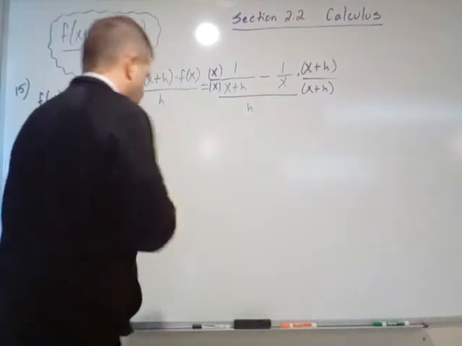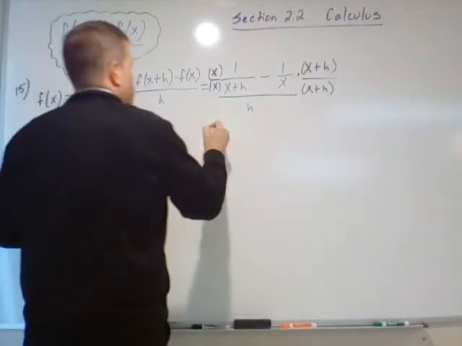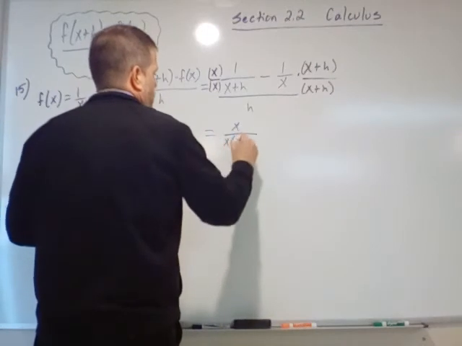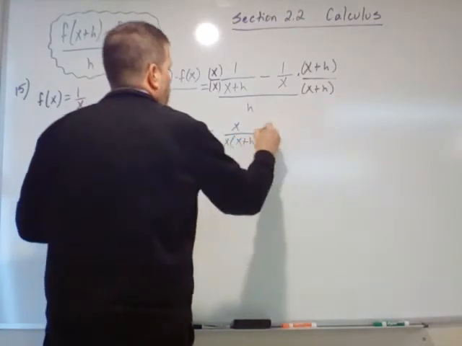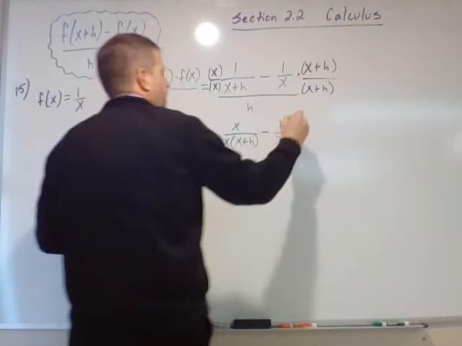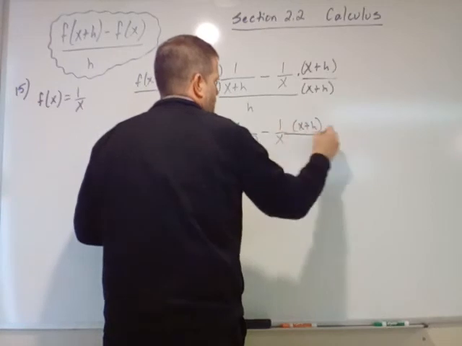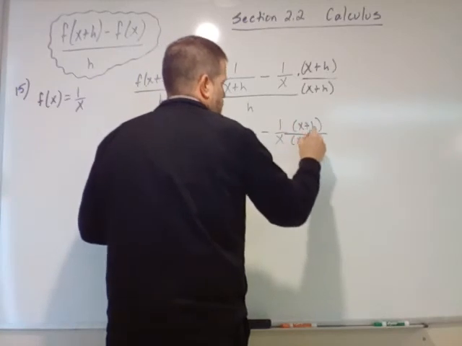Okay, so our algebra continued. We've got x times x plus h minus 1 over x, and that's times x plus h over that x plus h.